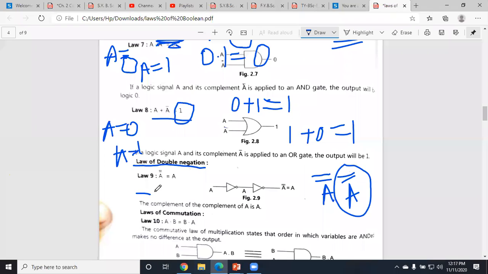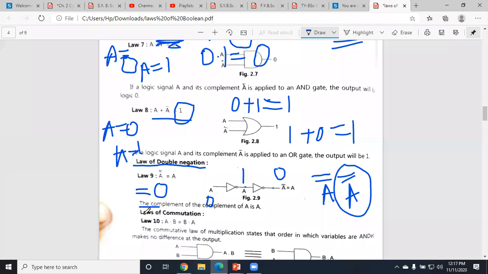Now consider A is equal to 0. If A is equal to 0, what is the output at this point? 1. Now that 1 is going as an input to this NOT gate, what will be the output at this point? 0. So whatever input we give, we get the same output.